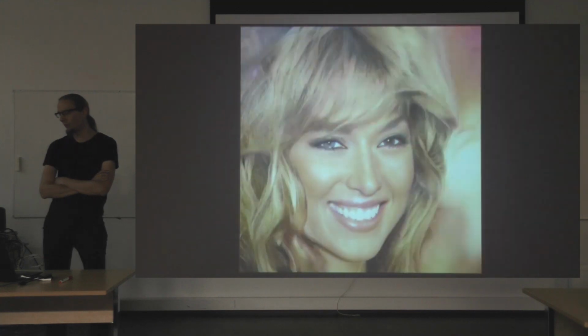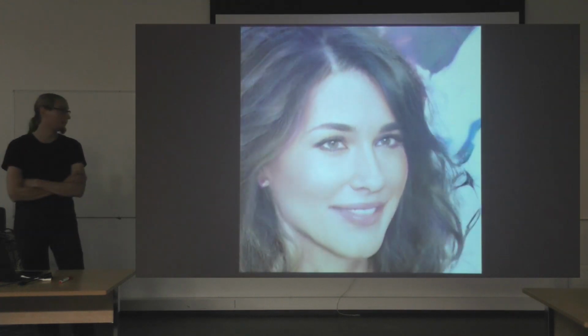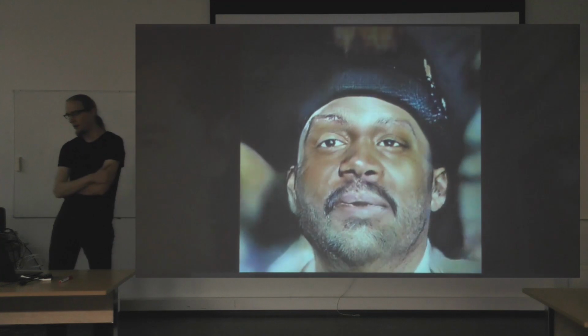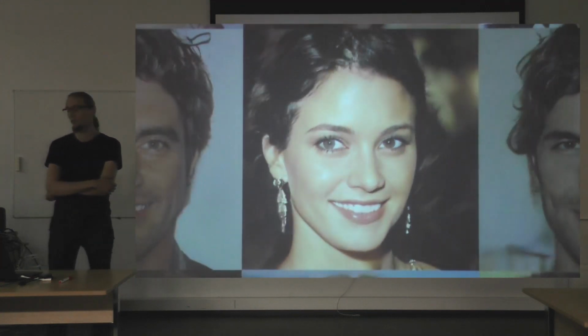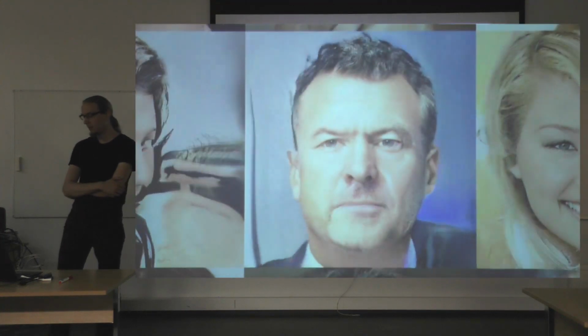It's funny to see how most of these transitions between different people look quite natural. The orientation of their head is changing, their facial expressions are changing, the hair is growing, and so on.